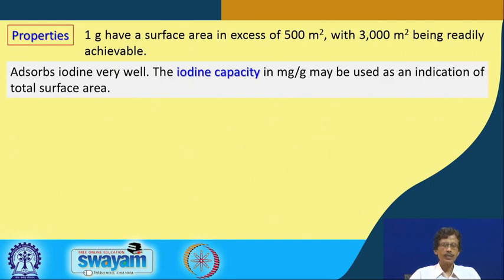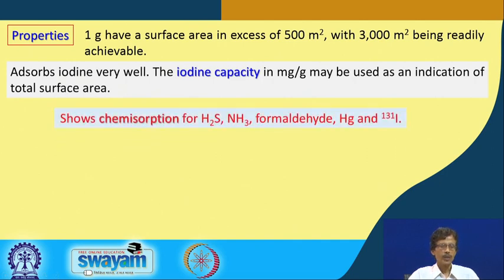If the solid iodine is adsorbed in terms of milligram per gram, that can be considered the iodine capacity of activated carbon. It is used as an indication of the total surface area, how much surface you can cover with 1 gram of your activated carbon. That can be determined by this technique of determining iodine capacity.